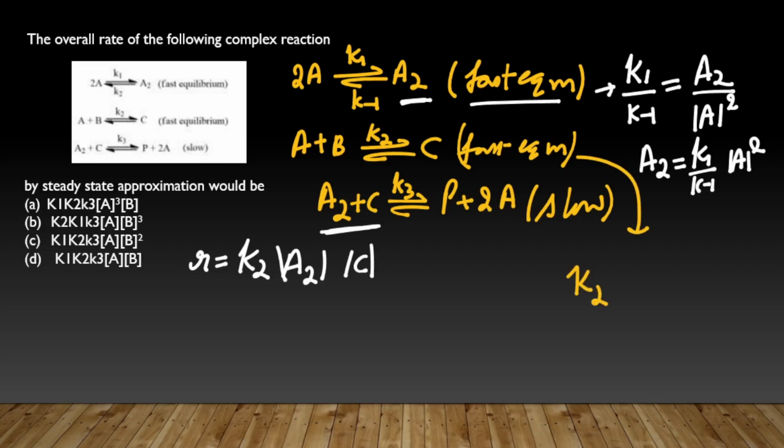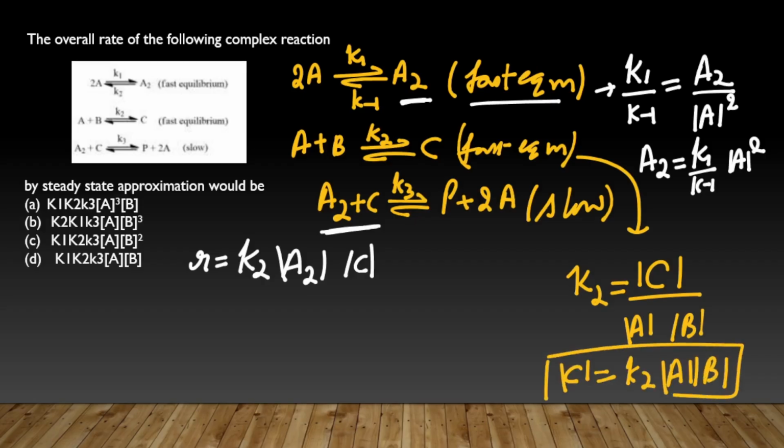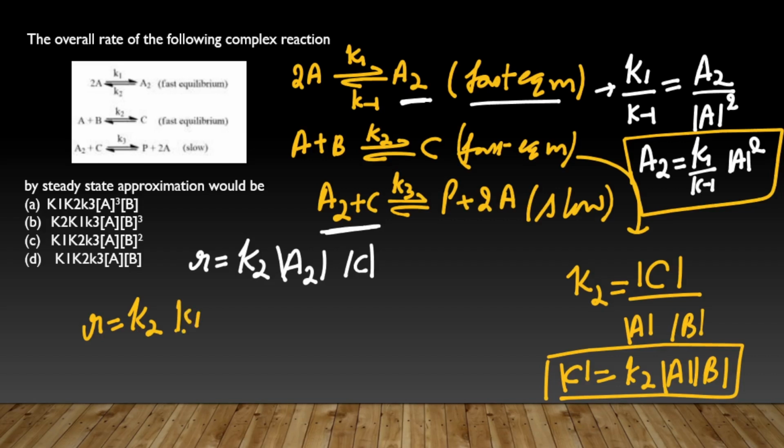For the C concentration, K2 will be equal to the product concentration upon the reactants, which are A and B. So C's concentration is K2 times A into B. So this C's concentration and this A2 concentration, you can substitute in your rate expression. So the rate becomes K2 into A2, which is K1 upon K inverse into A square, and C's concentration, which is K2 into A into B's concentration, right?